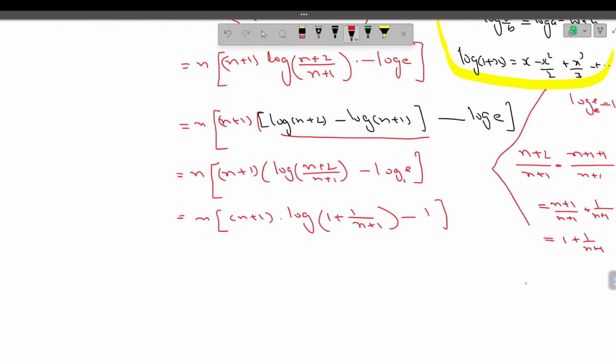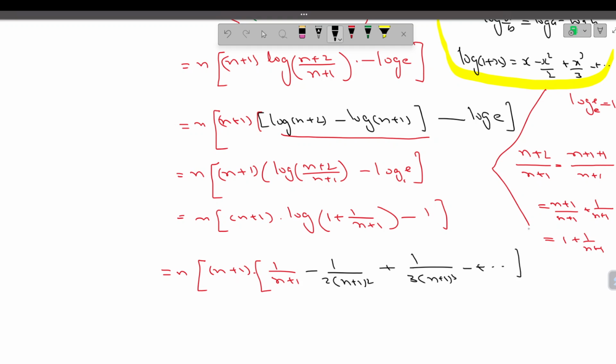Now expanding by log, you see 1 plus x form. So this equals n outside, n plus 1. Now if we expand the log, first x. What is x? X is 1 by n plus 1. So 1 by n plus 1 minus 1 by 2 into n plus 1 square plus 1 by 3 into n plus 1 cube minus plus, it goes on and on.